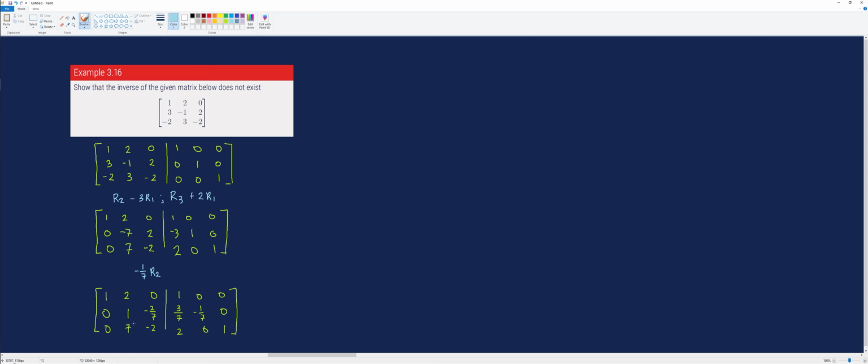Now, let's try to change this one to 0. I will not change this one to 0 because something will happen, and let's find it out. To change this one to 0, all we need to do is perform this operation: R3 minus 7 R2.